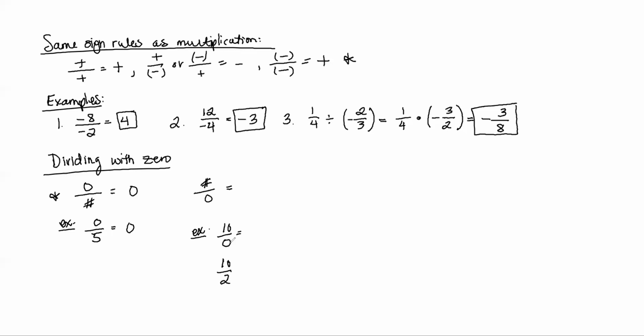But if we have 0 going into 10, we can't count up by zeros to get to 10, so we would never make it there. We can count an infinite number of times by 0 and never get to 10. And so this one is what we call undefined. It's just not possible to find this answer.